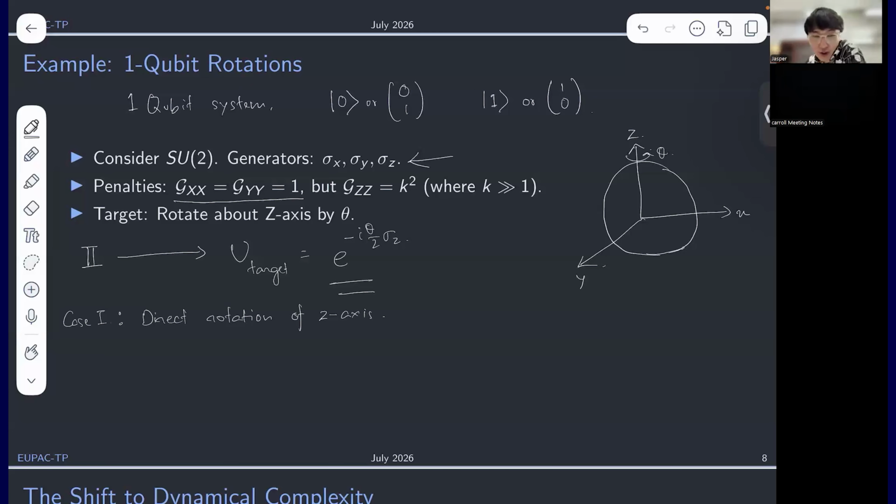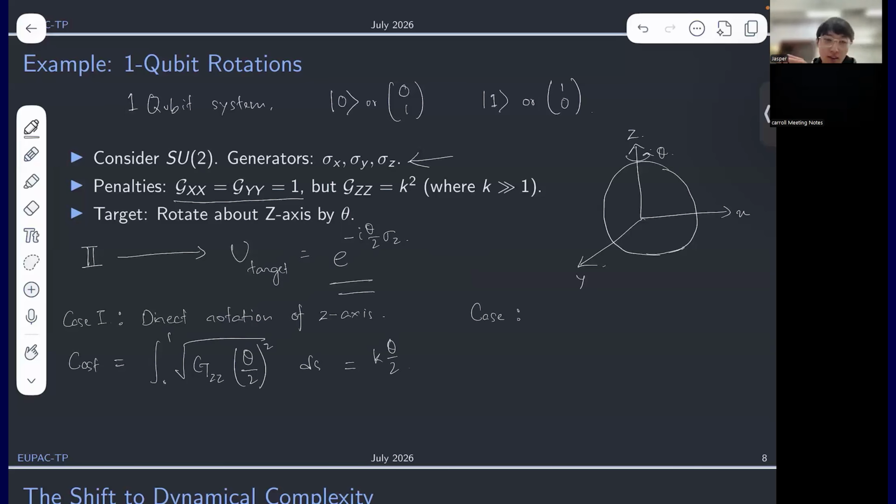Now, if we do this, the cost is going to be, and this is going to be rotated by theta by 2. This is our cost from our previous definition. And this is just k theta by 2, right? This is case one.